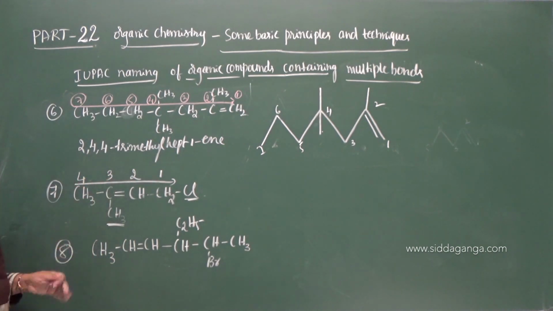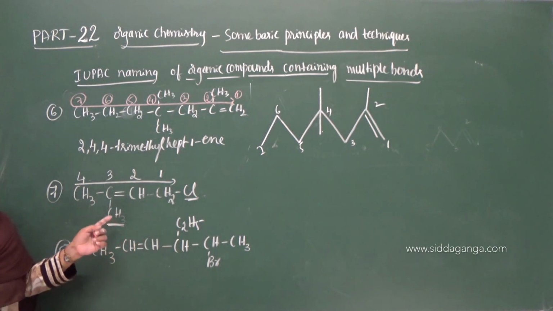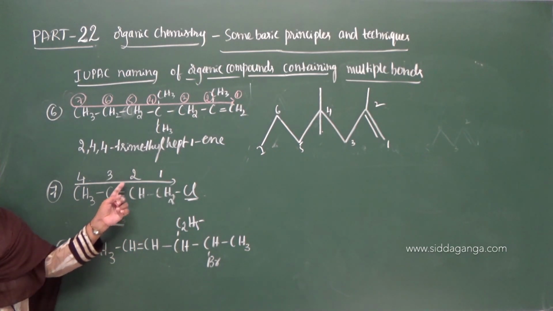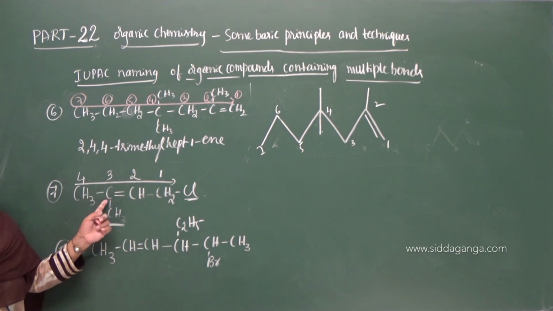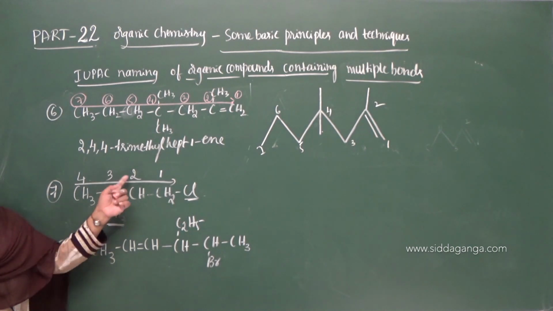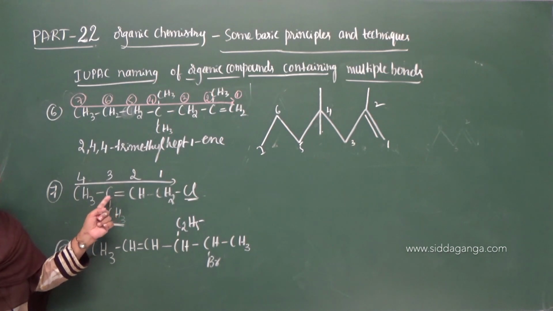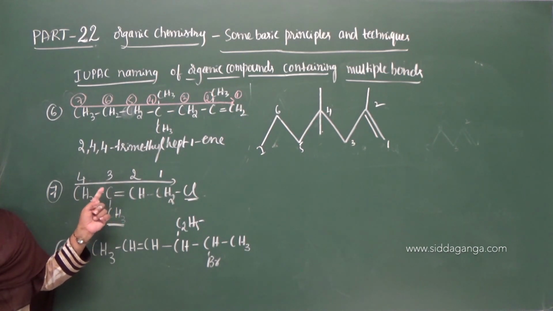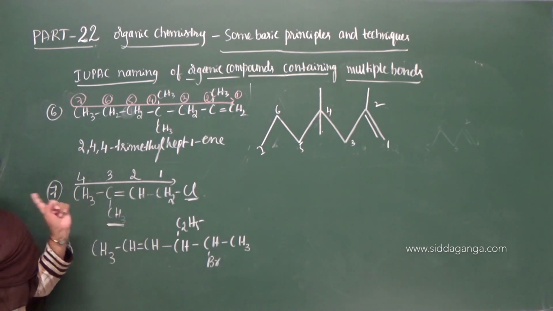The reason is that if you give the number from left to right or from right to left, the double bonded carbon gets the same locant. Even if numbering from here, we say double bond on the second carbon, and numbering from the other side, the double bond also comes on the second carbon. So the locant taken by the double bonded carbon is the same if you number it from left to right or from right to left.